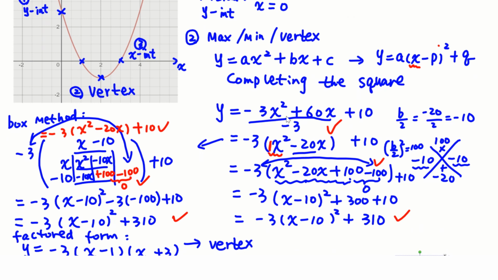So you need to take the a value out from the first 2 terms in the standard form. The x term is divided by the a value. Then this is your new b value. Then half b is a number from this one. Then we are going to add half b squared.